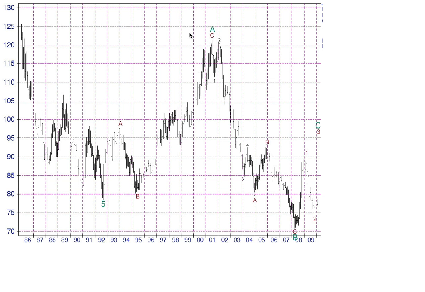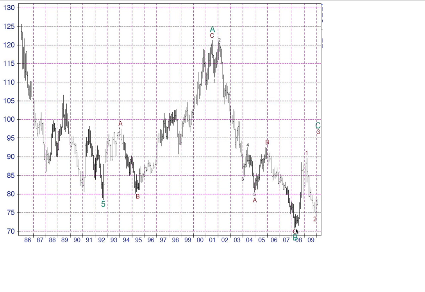Having a look closely at this structure here, this cycle wave A subdivides into a three-wave structure. Likewise B, as you expect to be, subdivides into a three-wave structure. If a corrective structure subdivides into a 3-3, C is going to be a 5, and this whole correction is going to be called a flat correction.